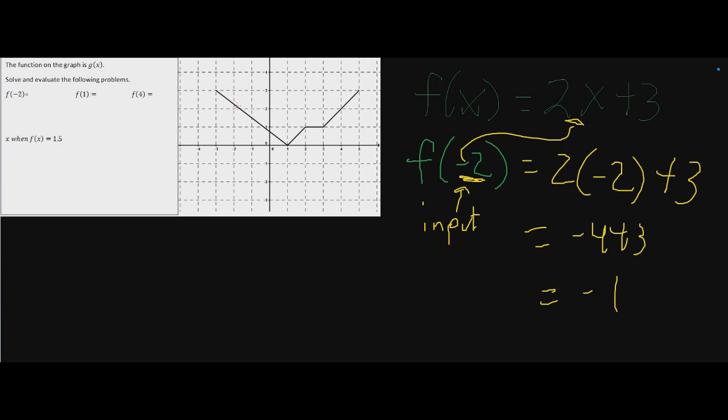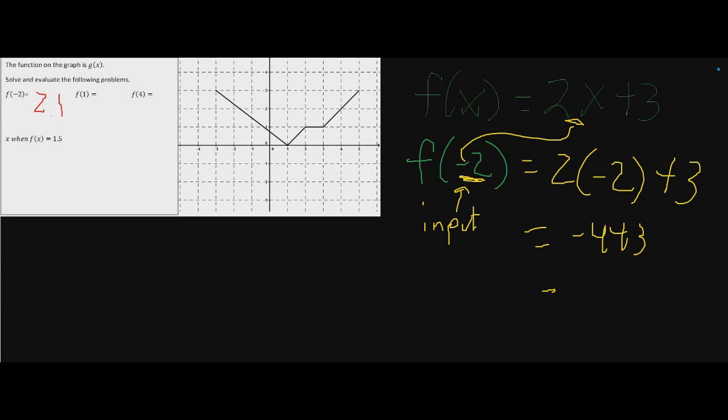Well, my output is right there. When x is negative 2, I just go up, and once I get to it right there, I could see it. That looks to be approximately, if I put a little dot there, 2.1. So this is going to be 2.1.